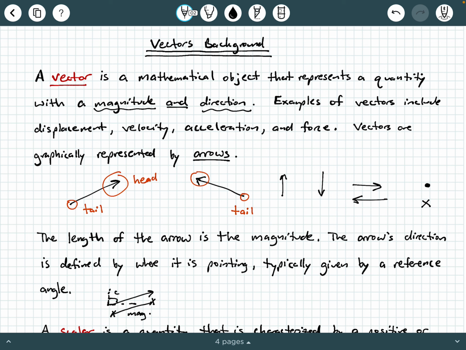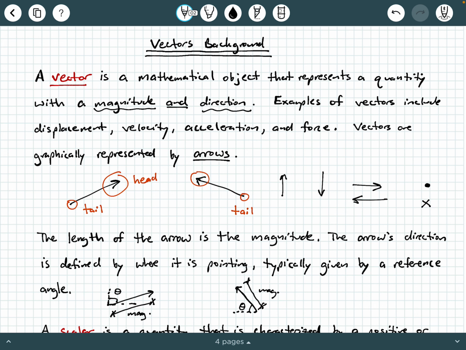So if I call this angle theta, maybe referencing from a positive y-axis, that angle theta would define its direction. Another example would be, if I have a vector here, and I have an angle theta measured from a horizontal reference axis, that would still be defining this vector's direction. And then one more time, the physical length is the vector's magnitude.